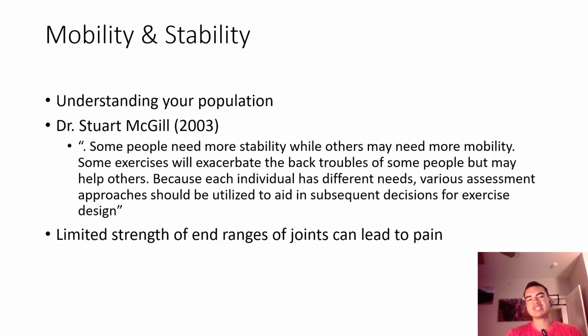Stuart McGill writes in a paper right here, I'll read it: some people need more stability while others need more mobility. Some exercises may exacerbate the back troubles of some people and may help others, because each individual has different needs. Various assessment approaches should be utilized to aid in subsequent decisions for exercise design.